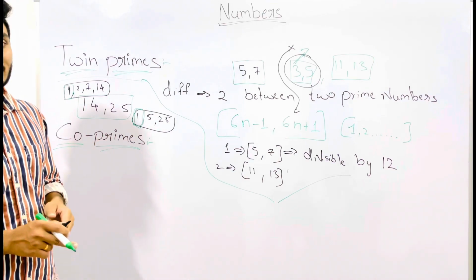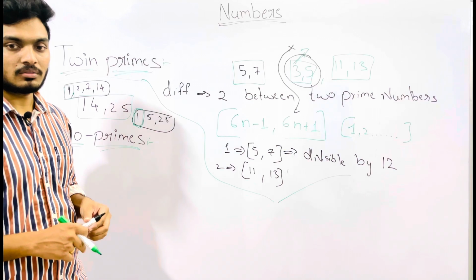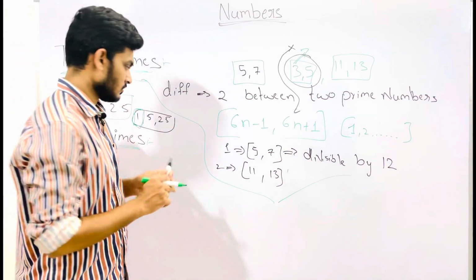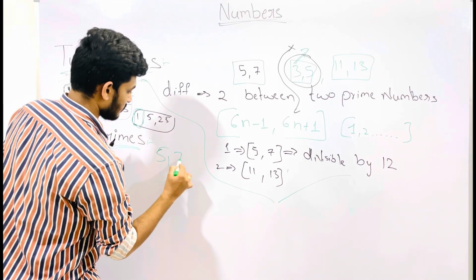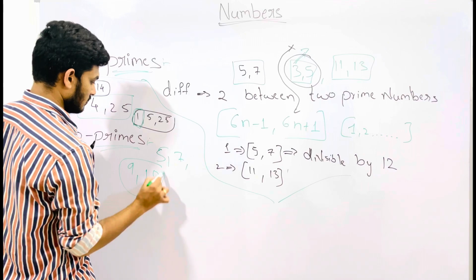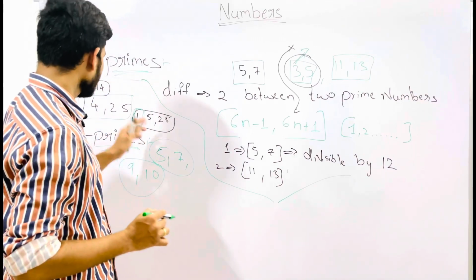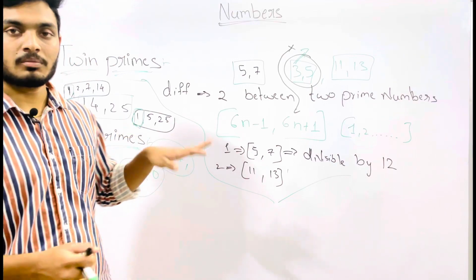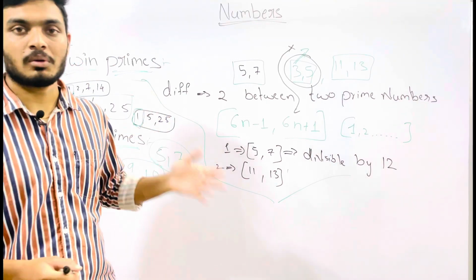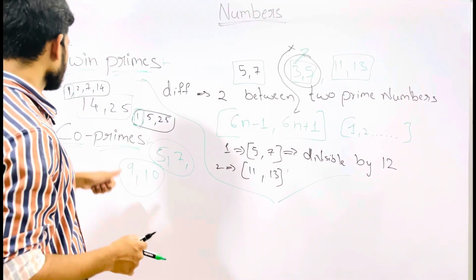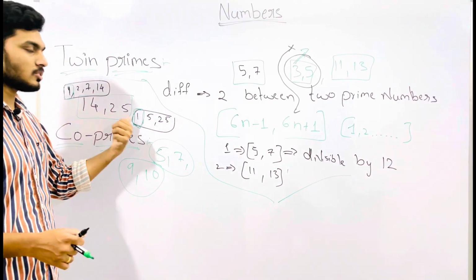Other examples can be 5 and 7, or 9 and 10. In coprimes, note that these numbers may be prime or composite, any numbers which have a common factor of only 1.